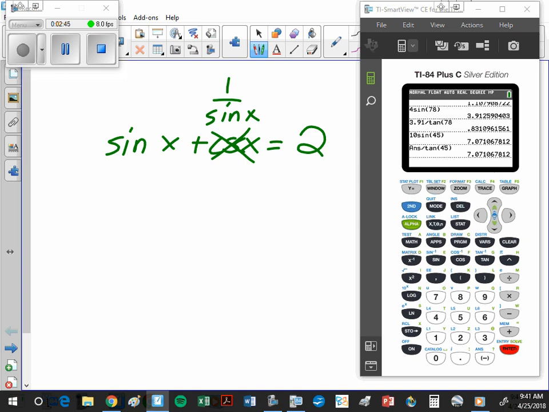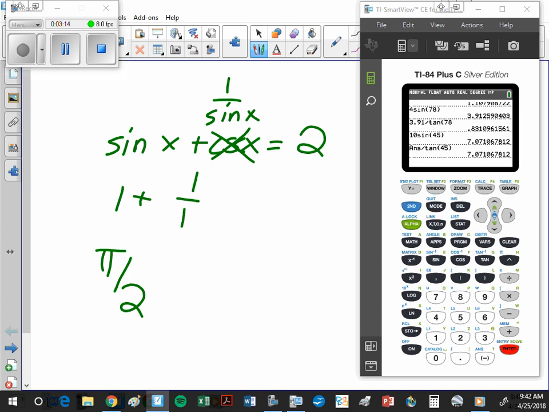Right, one of the right angles. So when is the sine equal to positive 1? At pi over 2. So basically, I need to do 1 plus 1 over 1. So that would be pi over 2. So the answer is pi over 2.